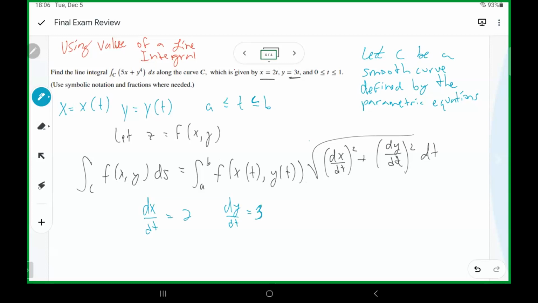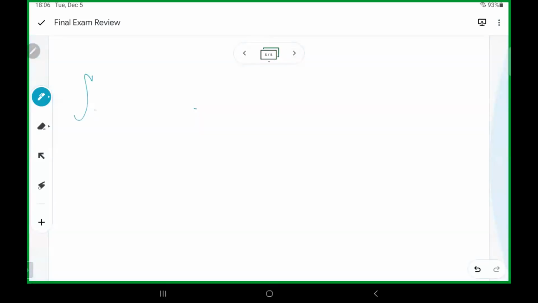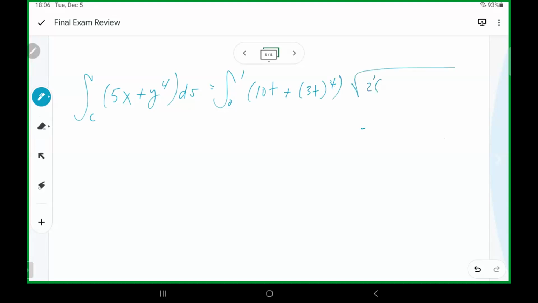So if you put everything together, probably easier to do it on another page, you would get the integral of (5x plus y to the fourth) ds is equal to the integral from 0 to 1 of (10t plus 3t to the fourth) times the square root of 2 squared plus 3 squared.